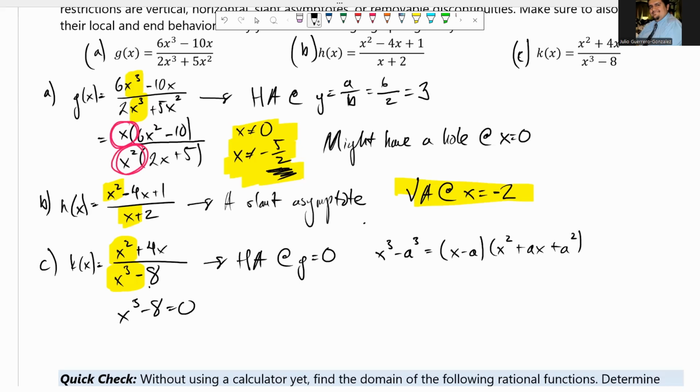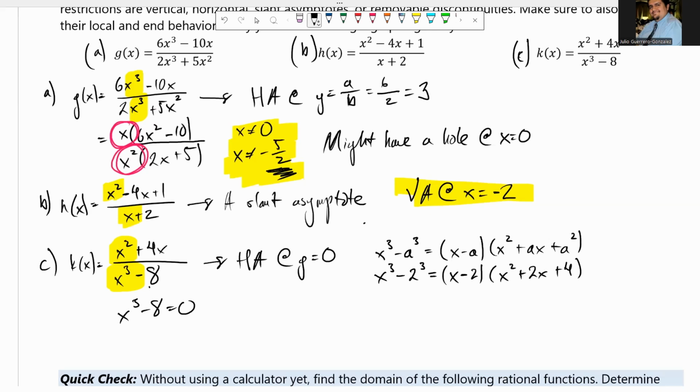Okay, why did I write this down? Because the bottom for this one, x cubed minus 8, I'm going to rewrite the 8 as 2 cubed. So that means I can factor this a little bit: x minus 2, times x squared plus 2x plus 4.